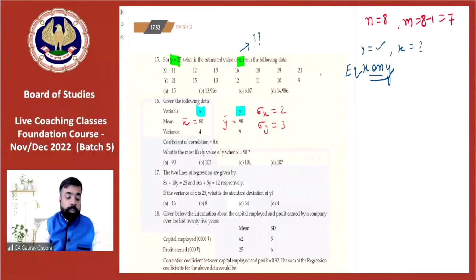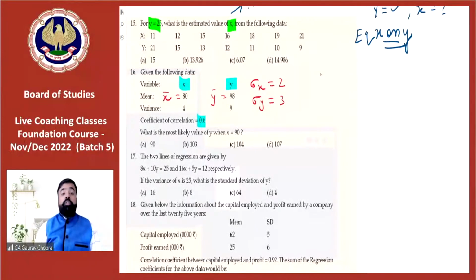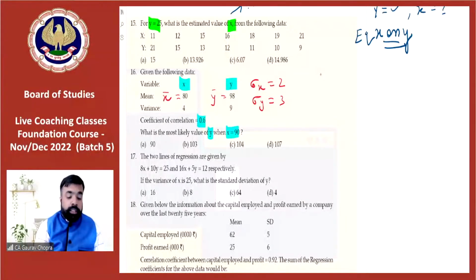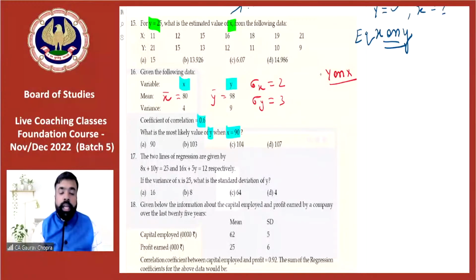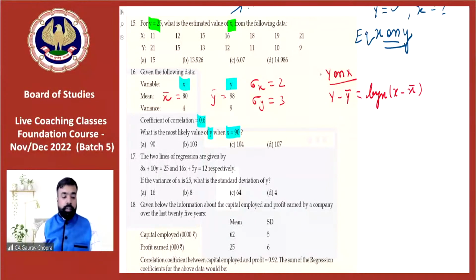R is also given, that is 0.6, and we have to find out the value of y when x is 90. So x is given, y we have to calculate. So whenever calculating y, use equation y on x. So y minus y bar is equal to byx multiplied by x minus x bar.